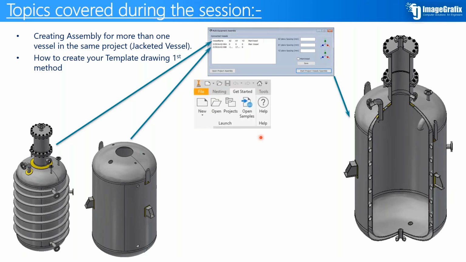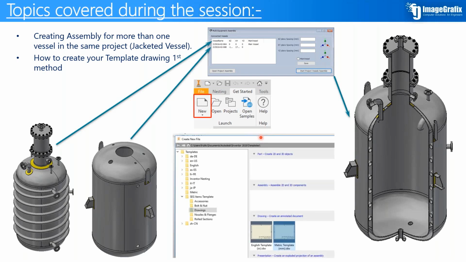And in this step, we will learn how to make your standard template drawing for your company, and how you have the ability to import it in SEG to use it as a reference drawing. Okay, we have two different ways. That's the first way, and we will discuss it.